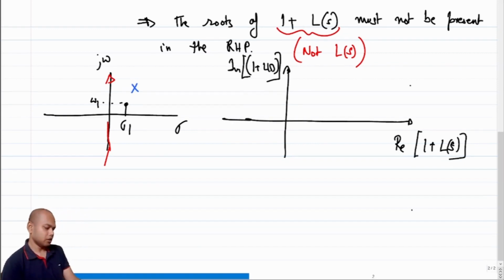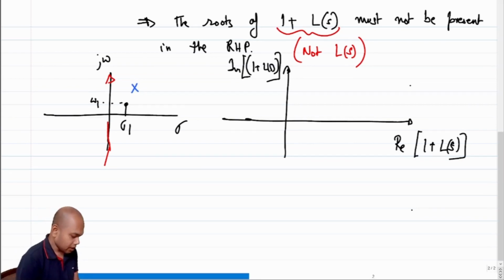All we are saying is that for every point in the S plane, there will be a corresponding mapping point in the L plane. So I will probably have a point somewhere here. So let's say this maps to this point.